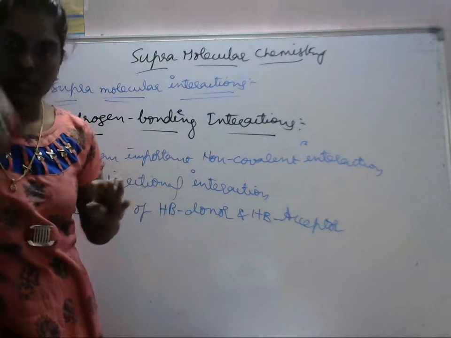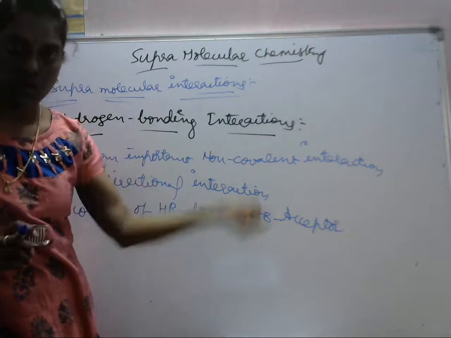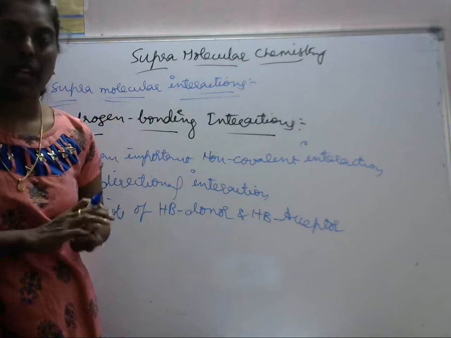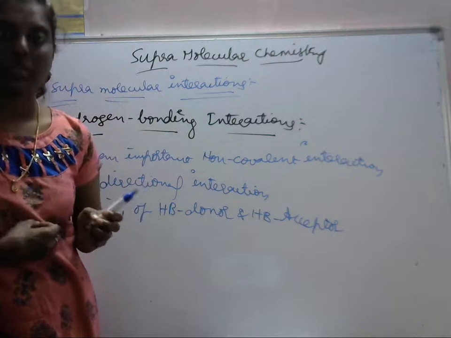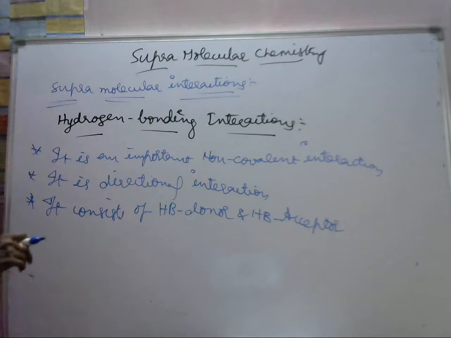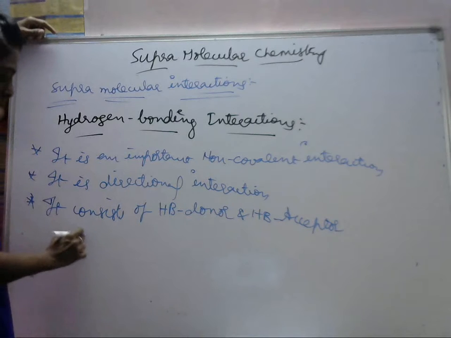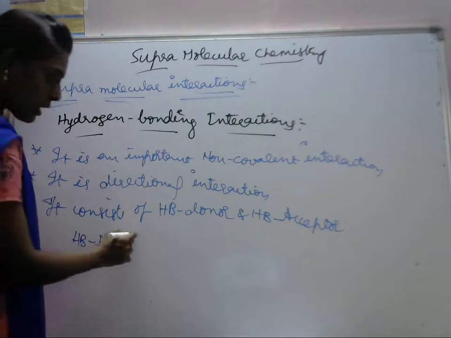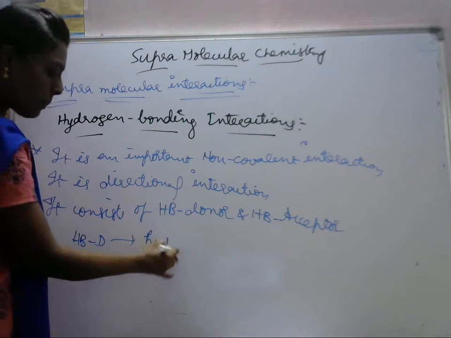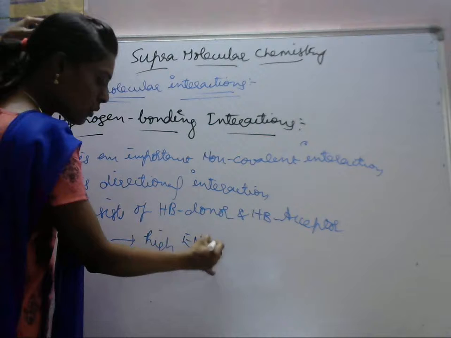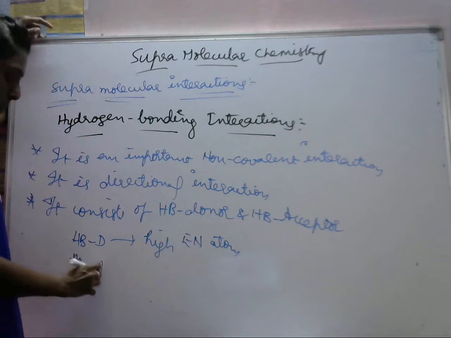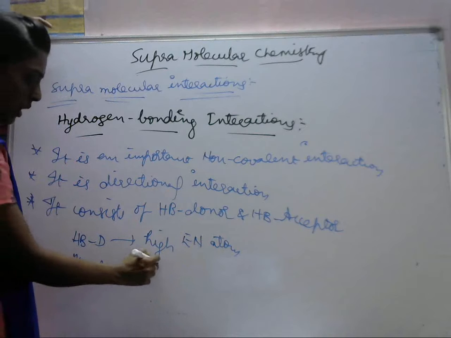The atom which donates the hydrogen atom is called the hydrogen bond donor, and at the same time the other one accepts the hydrogen, so that is called the hydrogen bond acceptor. In the hydrogen bond donor, H is present on a highly electronegative atom, and the hydrogen bond acceptor is an electron withdrawing group.